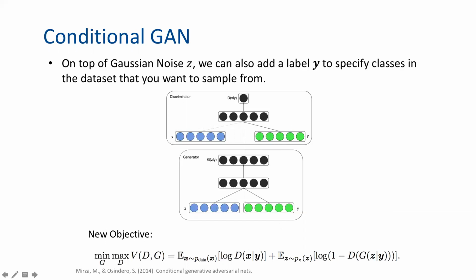Otherwise, the networks are fairly similar to what we saw before. They're just getting this extra information about the class label. Is that clear? So it's conceptually pretty simple. Just add a class label as part of the input to both models.